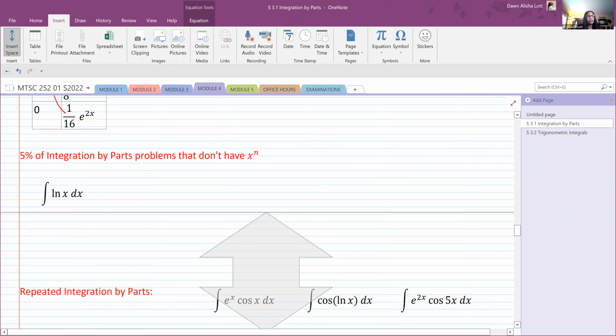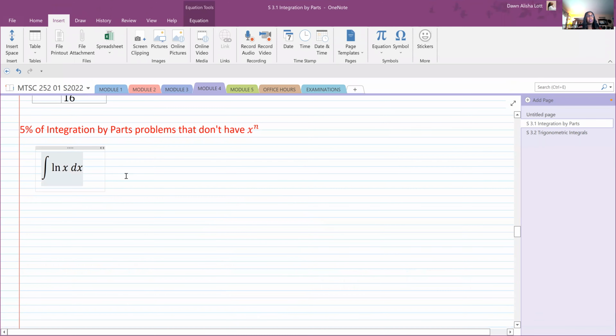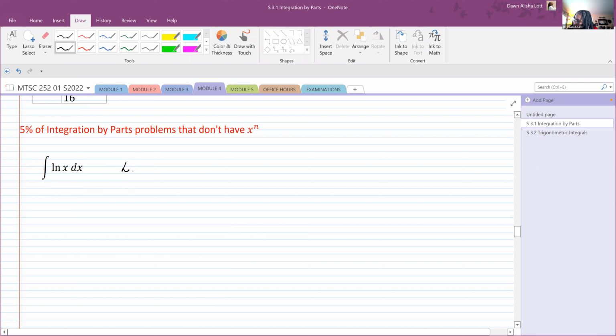It's a little bit different than the other ones. Here, I am going to let u be log x. And dv is now the only thing that's left. So u is the log of x, so dv is just dx.